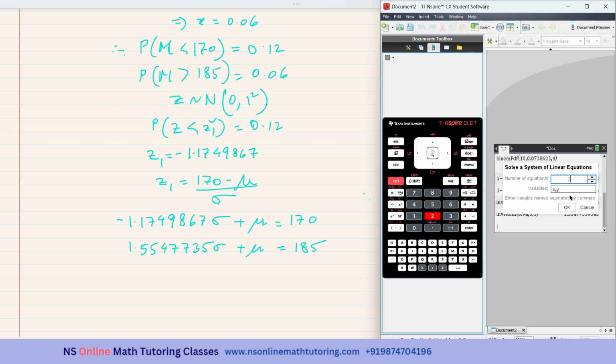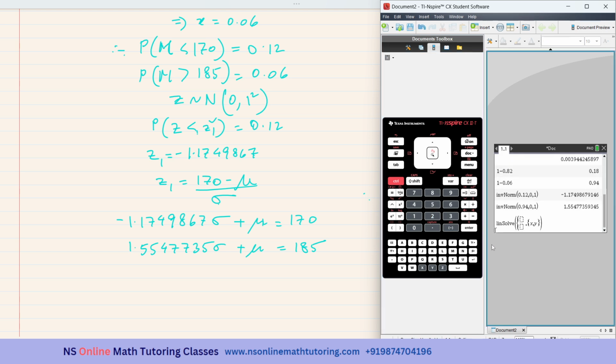Let us keep the variables as x and y, with x for sigma and y for mu. And this one is negative 1.1749867 times x plus y equal to 170.